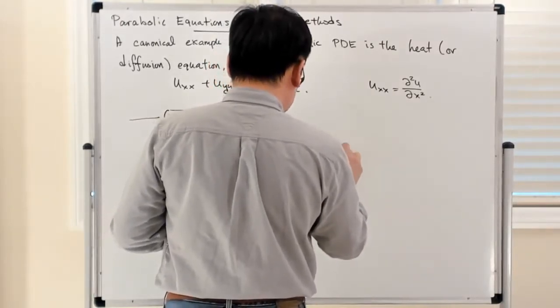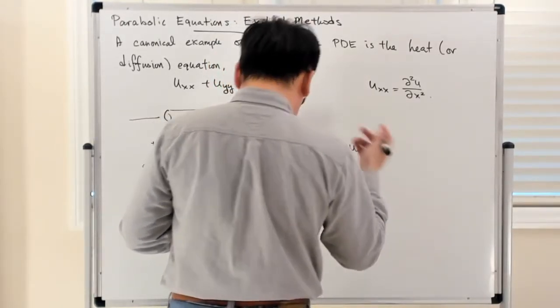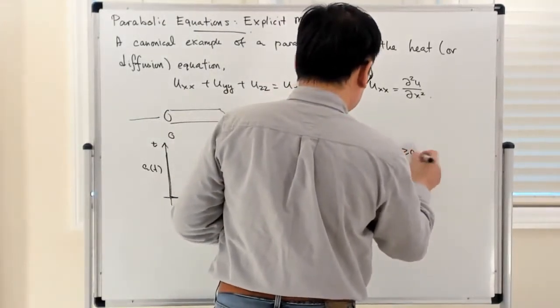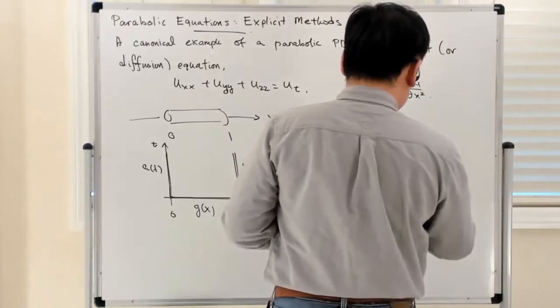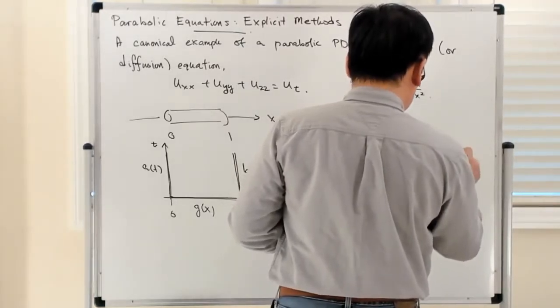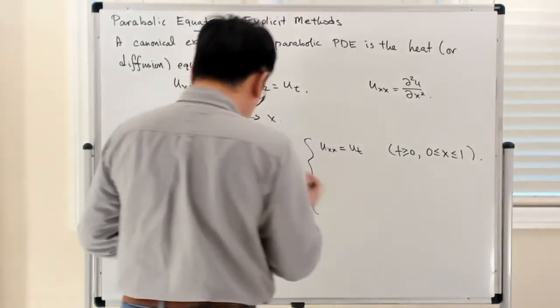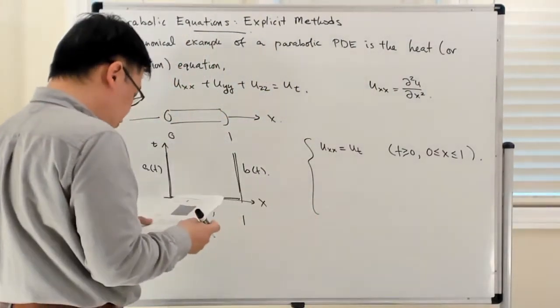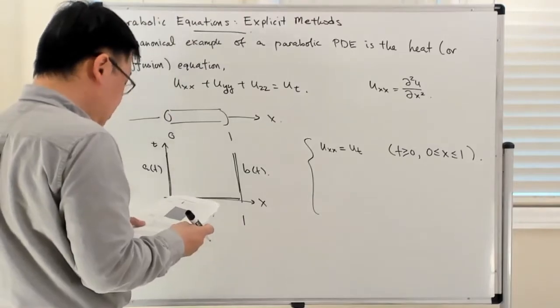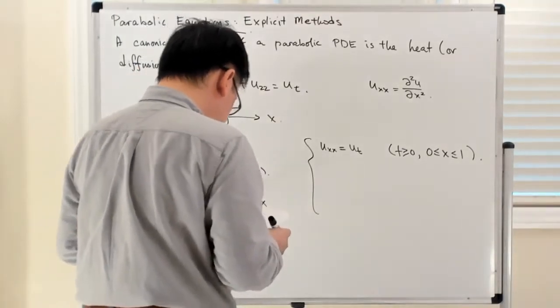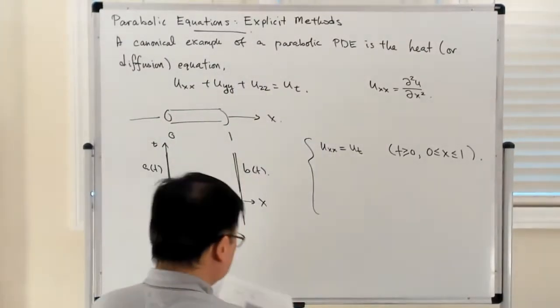The way this is set up is something like the following. You have u_xx is equal to u_t. That's the partial differential equation. This is true for t greater than or equal to 0, and x between 0 and 1. Then you have to specify a bunch of conditions.